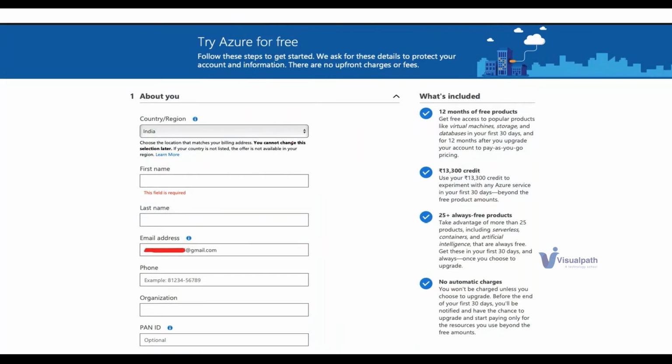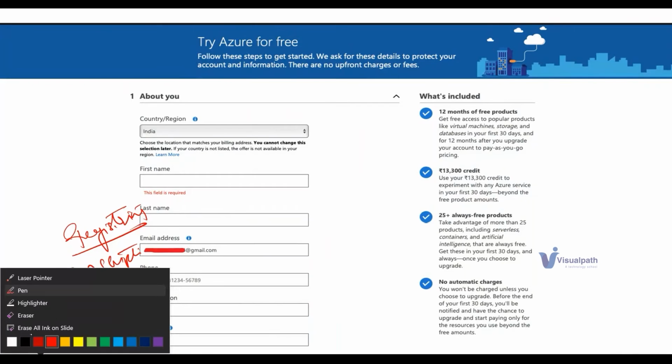So you will end up on this page where you'll see that you are registering this account with this subscription, that is the free trial subscription. Now during this process, participants, it is asking you to enter your details.